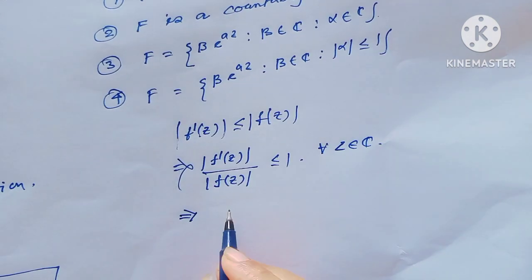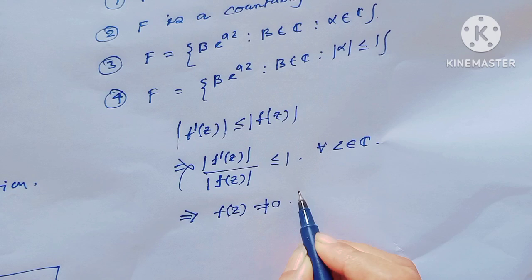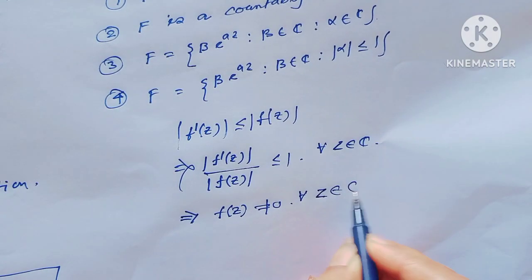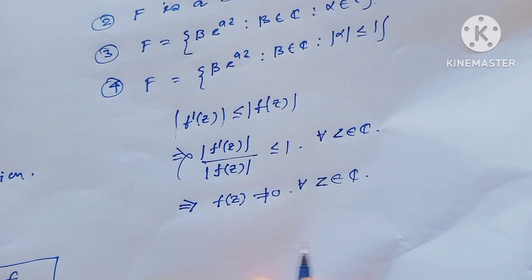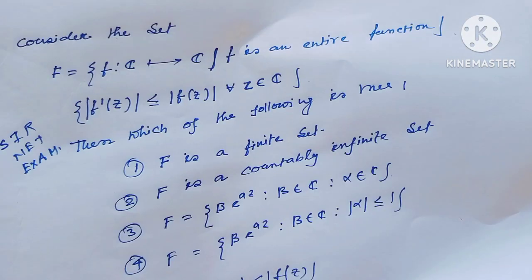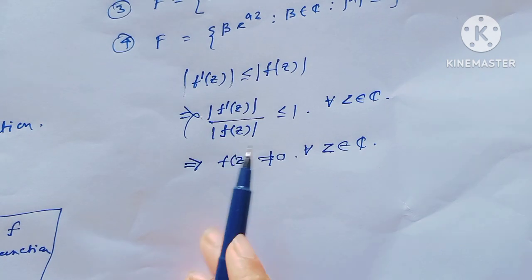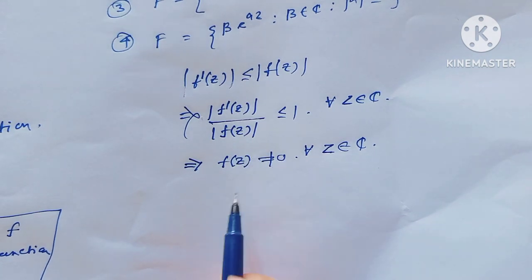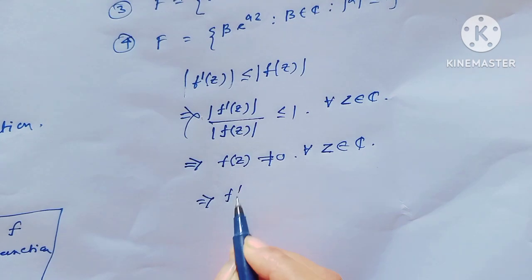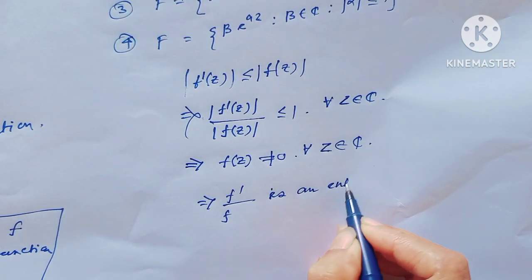By this condition, f(z) is not equal to 0, and this is true for all z belonging to the complex numbers. Here, given f is an entire function, that implies f'/f is an entire function.